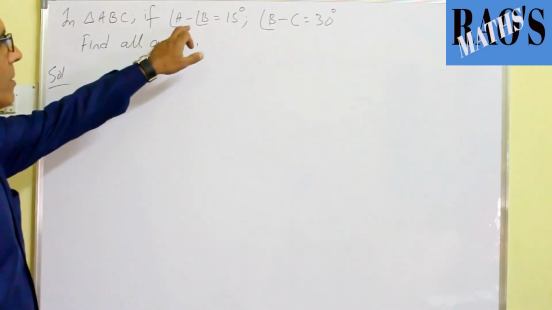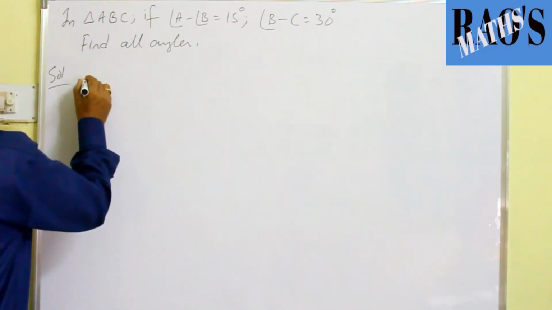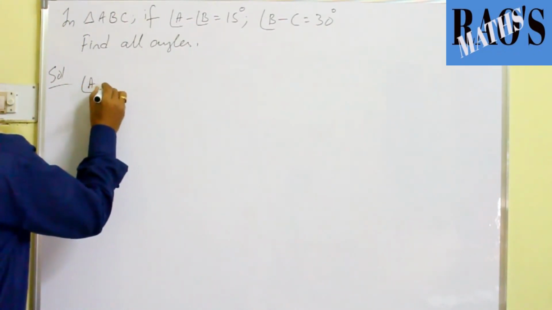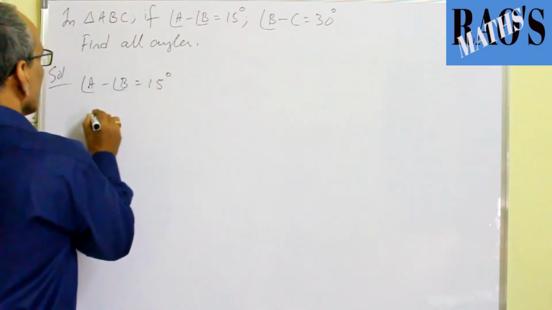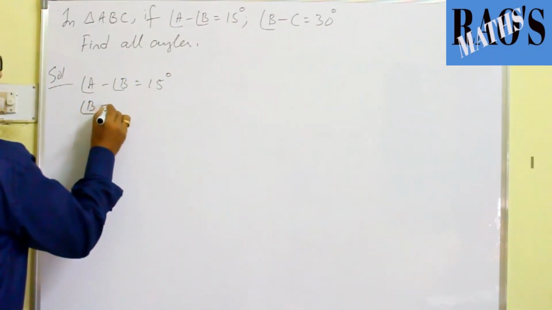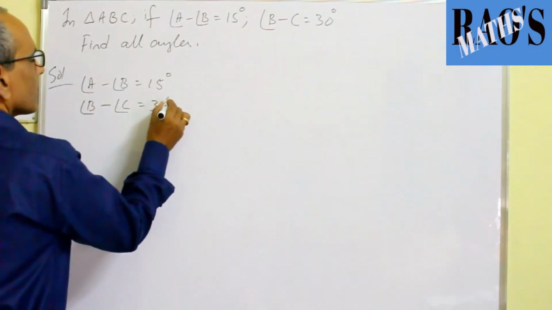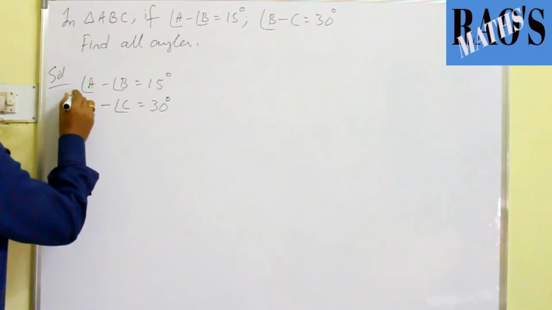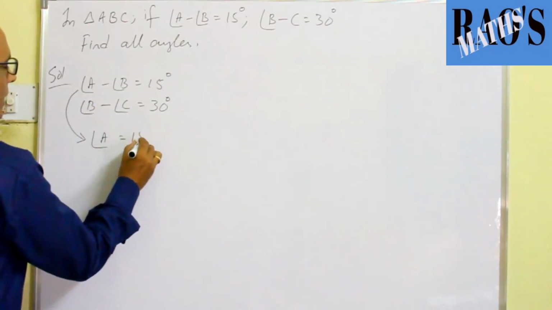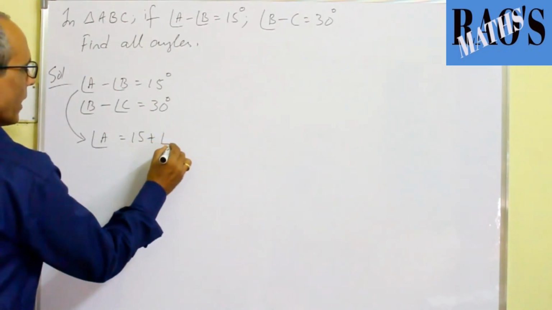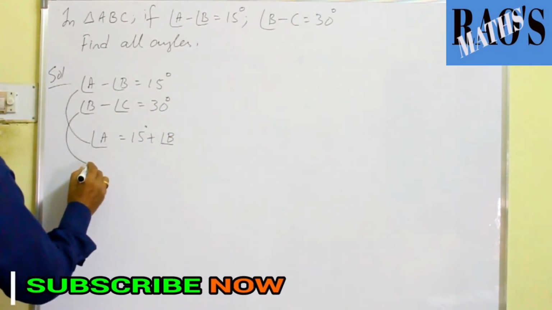We have A minus B is equal to 15 and B minus C is equal to 30. From this we can find angle A. Angle A is equal to 15 plus angle B.